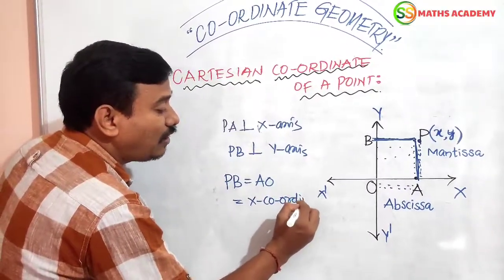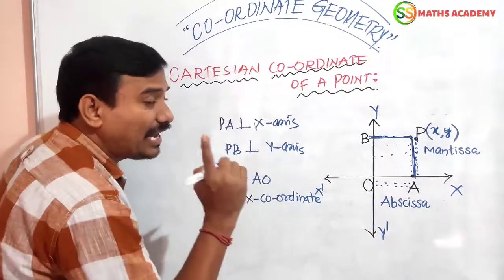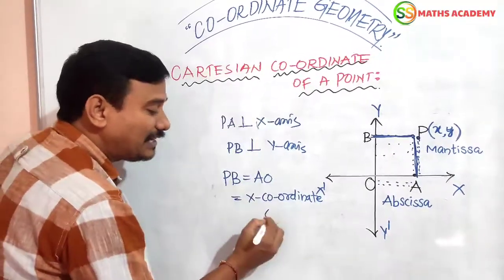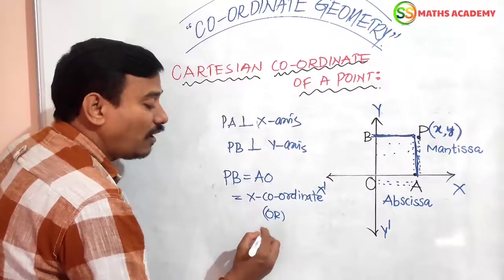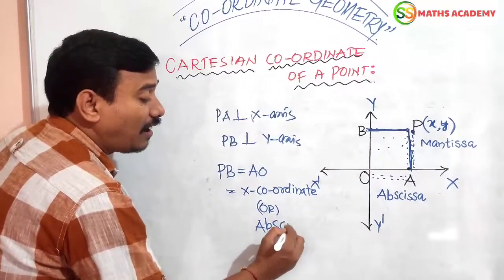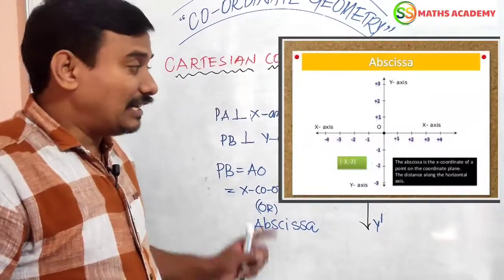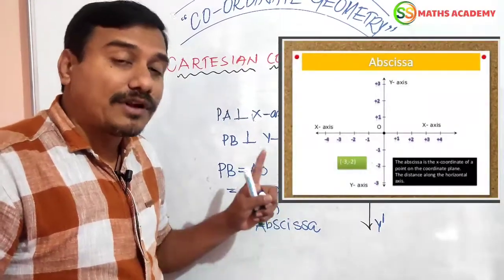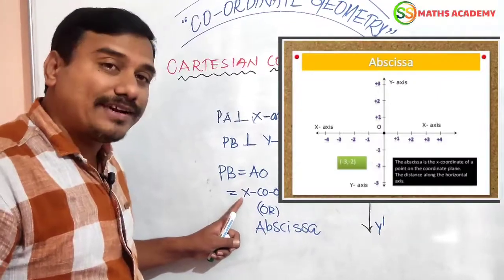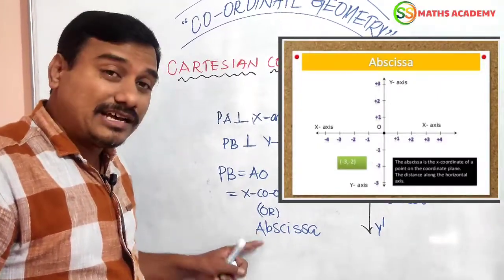The length of the point from the y-axis is called x coordinate, or we should call abscissa.